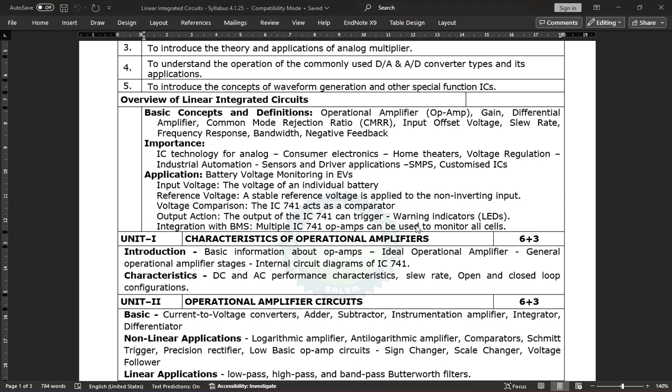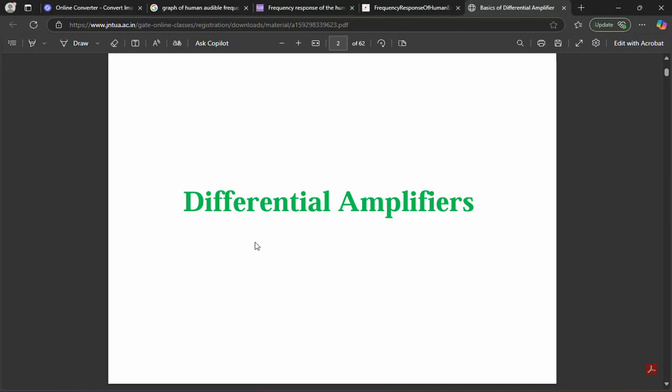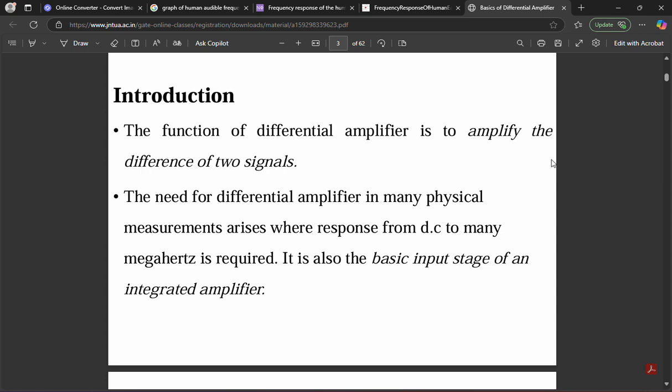Now let us have a very short overview of what a differential amplifier is and the significance of this differential amplifier. The basic function of a differential amplifier is to amplify the difference between two signals.